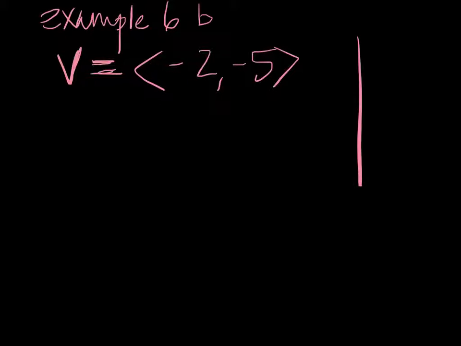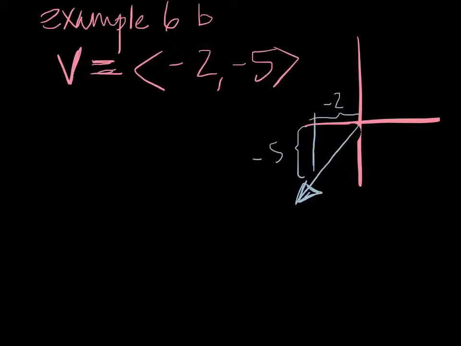On a side note, this vector v is going to be in the third quadrant because from here to here is -2, and from here to here is -5. It has to be in quadrant 3.